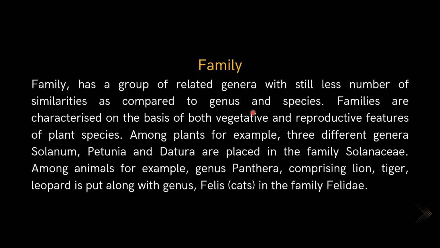If plants have similar vegetative characters, we can place them in one family on that basis, as well as on the basis of reproductive features. Now, for example, three different genera, Solanum, Petunia, and Datura, are placed in the family Solanaceae, and among animals, genus Panthera, comprising lion, tiger, and leopard, is put along with genus Felis in the family Felidae. So we are done with the family as well.